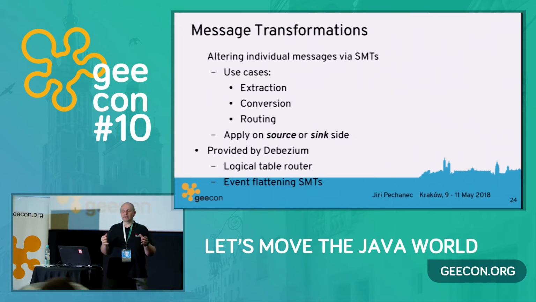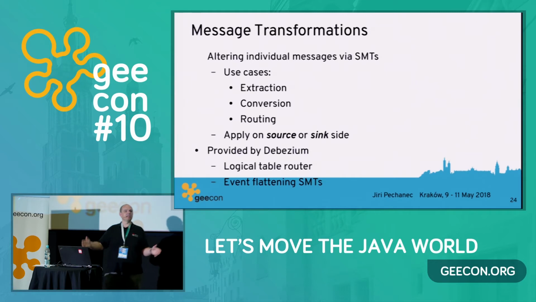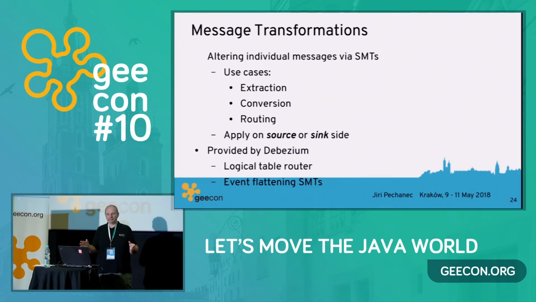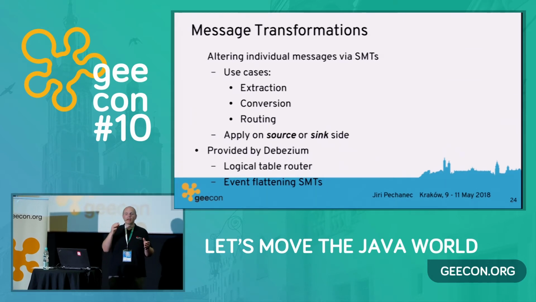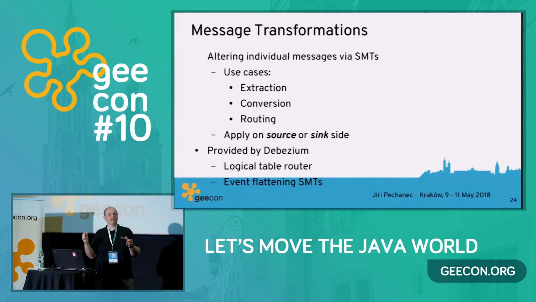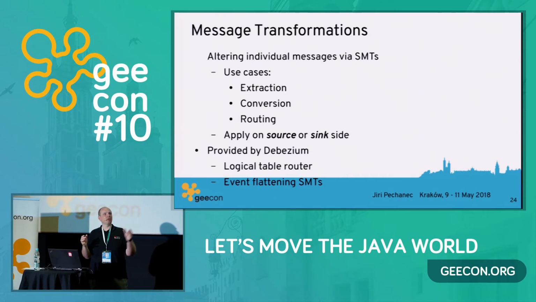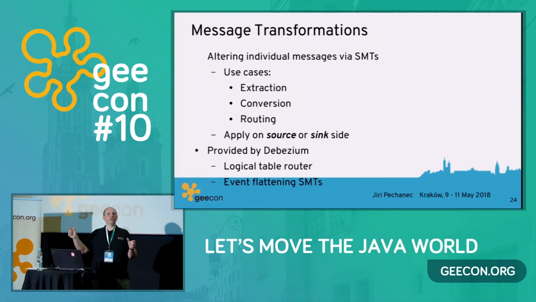Let's suppose that you have a huge set of data that you have sharded across multiple tables. Without this logical table router, every record will end up in a different topic according to the shard, because each table has its own topic.